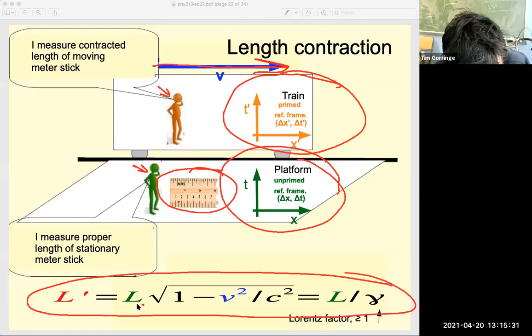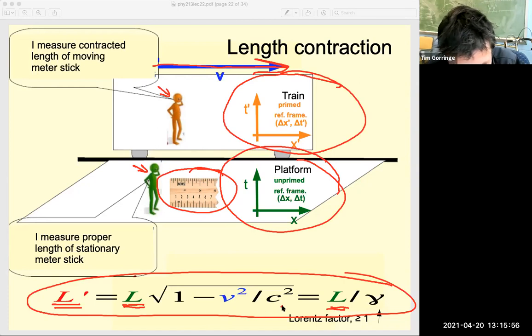So the green L here and here, that's the length of the meter stick as measured by the platform observer, the green observer with the green reference frame. The orange L prime here, that's the length measured by the observer who sees the meter stick moving, the observer in the train.